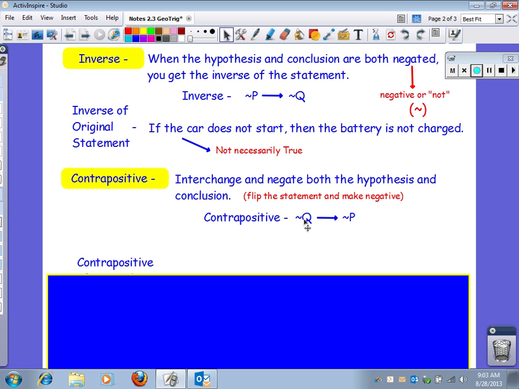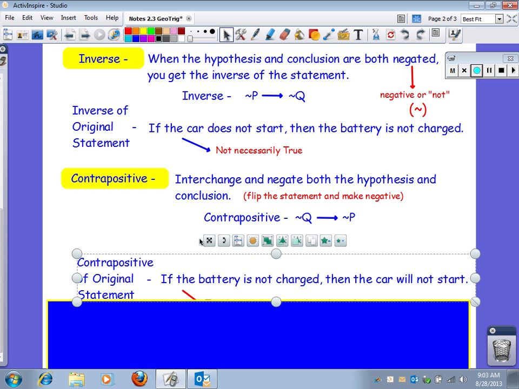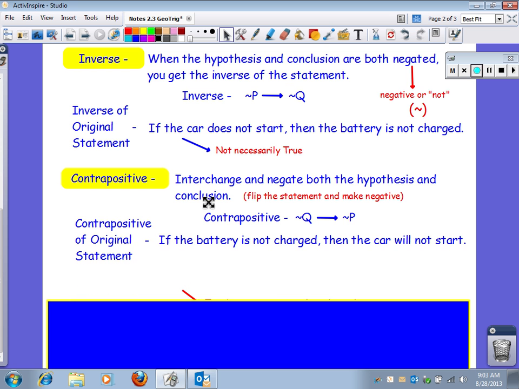You did both. That's contrapositive. The contrapositive of the original was if the battery is not charged, then the car will not start.